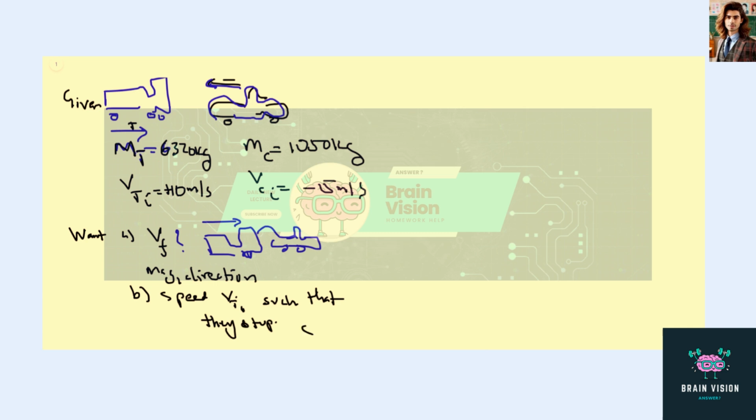And then in part C, we want to find the change in kinetic energy for the two parts. What's the change in kinetic energy in part A, and then what's the change in kinetic energy in part B? And then the final thing they are asking is, which one is bigger?